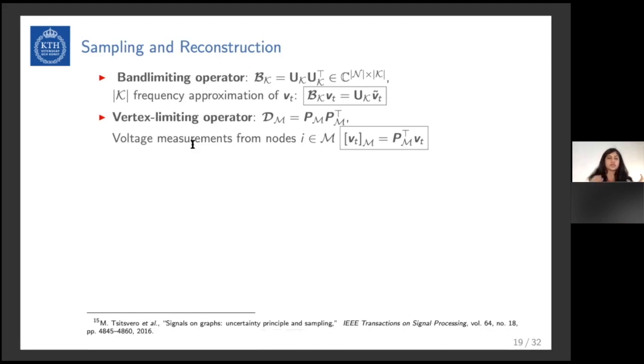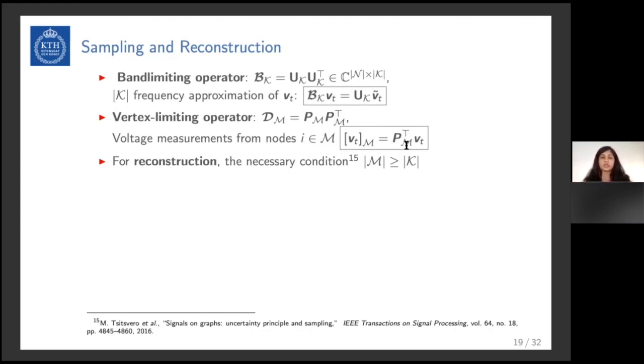And similarly, a vertex limiting operator is downsampling in the vertex domain of a graph. So you're only choosing a few nodes on the graph, using this vertex limiting operator. Now, the important question is, if you had only a few measurements from this graph, and here I'm calling them voltage measurements because those are the results I'm showing, how well can I reconstruct the entire graph signal?